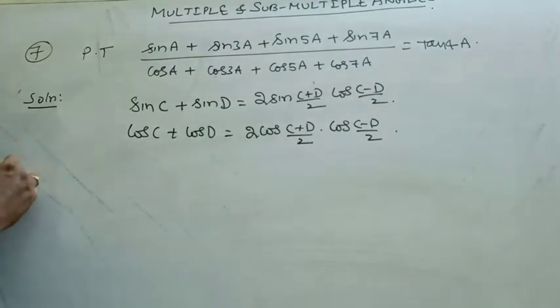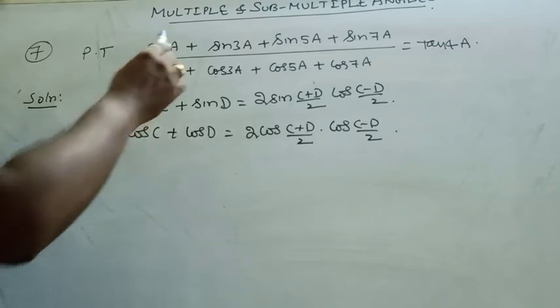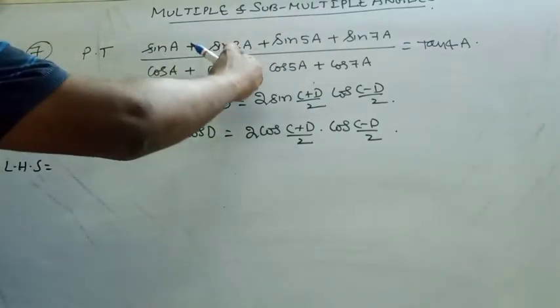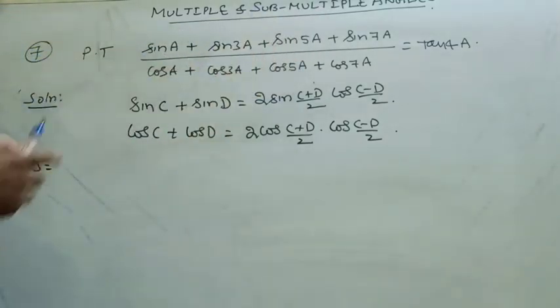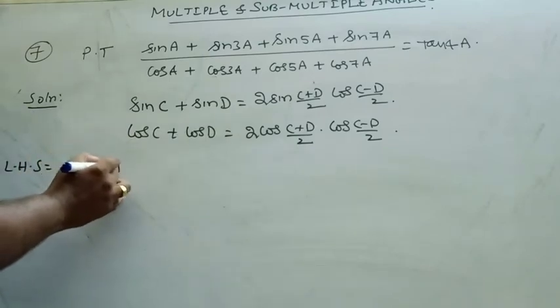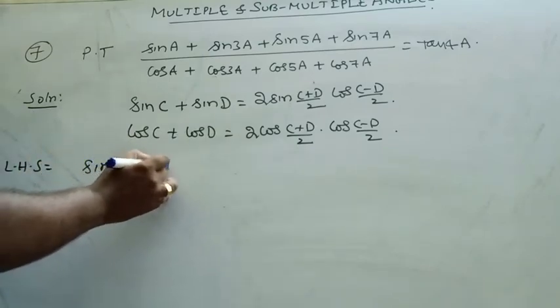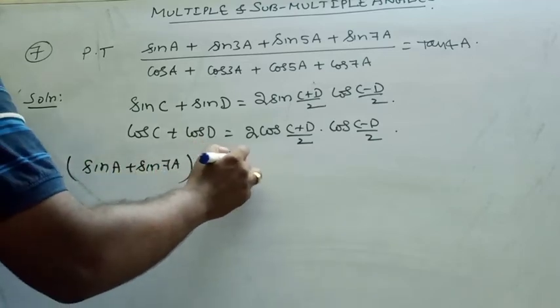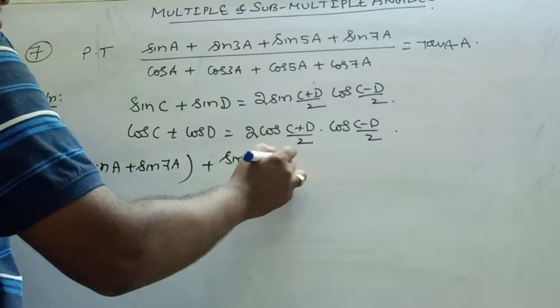Now see, let us take the left hand side part. I am going to combine. See if I take sin a plus sin 7a, a plus 7a, 8a. Here 3a plus 5a, 8a. Here also the same concept we apply. I am going to group sin a plus sin 7a, like this, plus sin 3a plus sin 5a, like this.